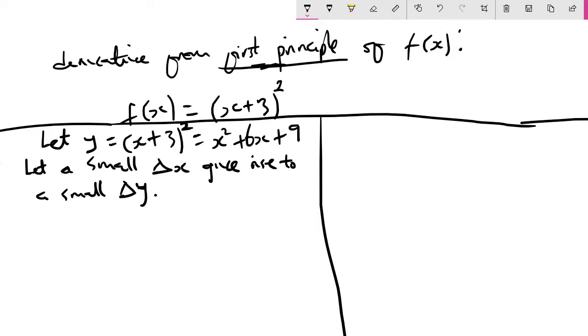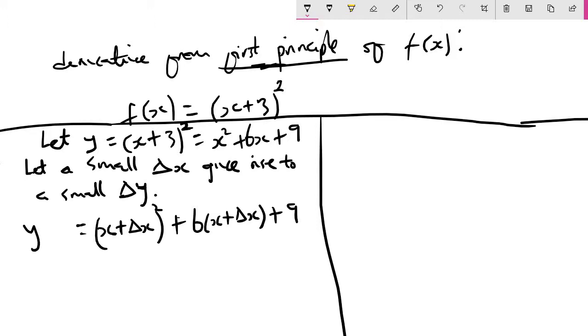So this means that y, first of all, is equal to x. See, we are saying it's a small change in x. There's a small change in x. So x squared here, we're going to say plus change in x, all squared. This is important. Plus 6 times x plus change in x, and then plus 9.